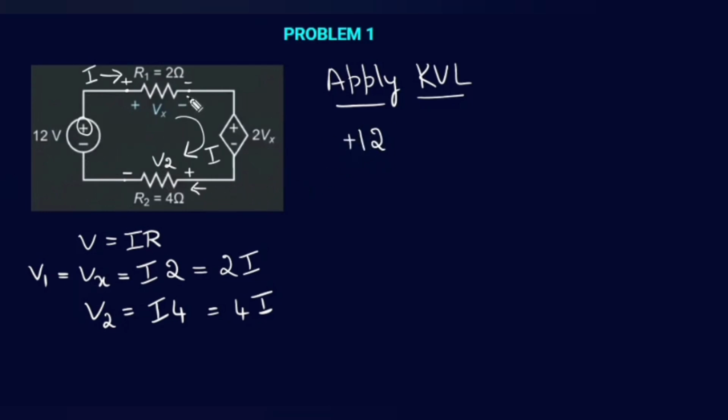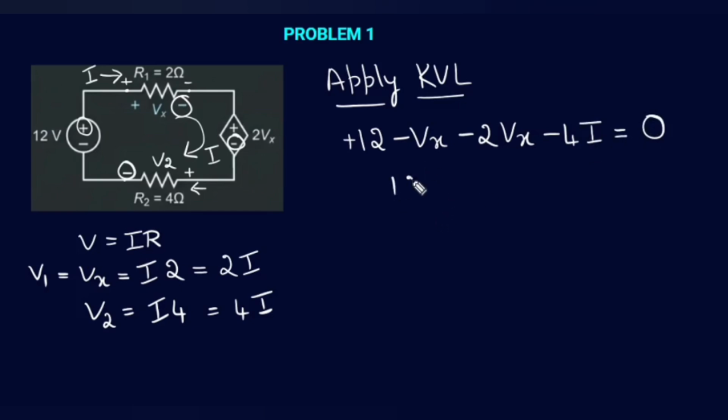Next we have the minus sign here, so I'll consider minus Vx. And again you can see a minus sign here, so it is minus 2Vx. While here it is again minus, but what is V2? V2 is 4I, so I'll write it here. This is equal to 0.